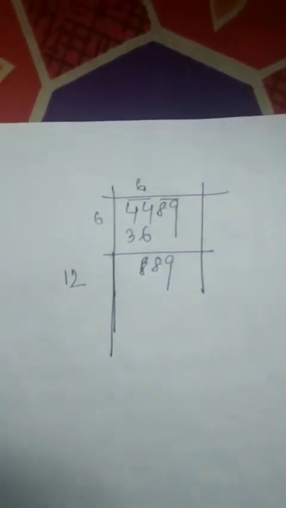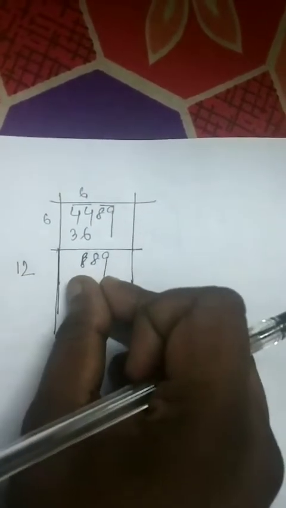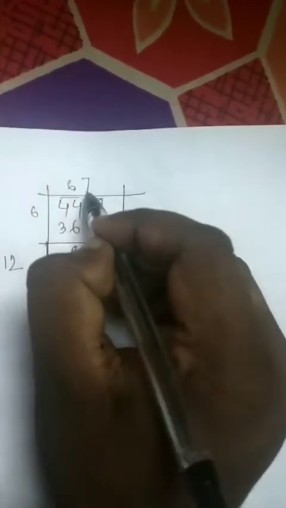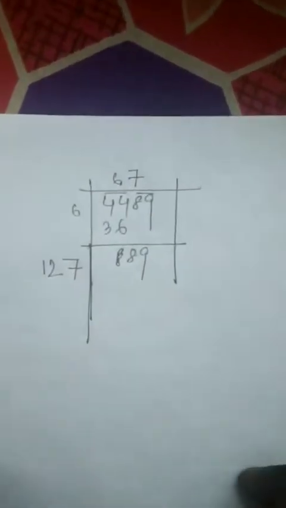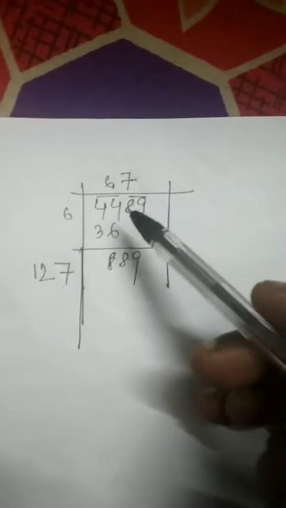Now I have to imagine a number. Which number do I take next to 12 and also here, so that by multiplying that number with 12 I am supposed to get 889? I will take 7 here and 7 here also. Why 7?